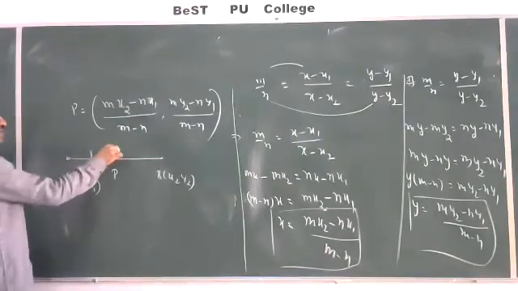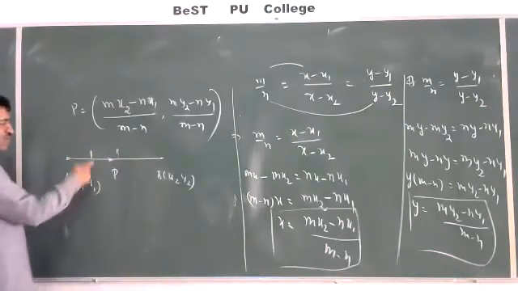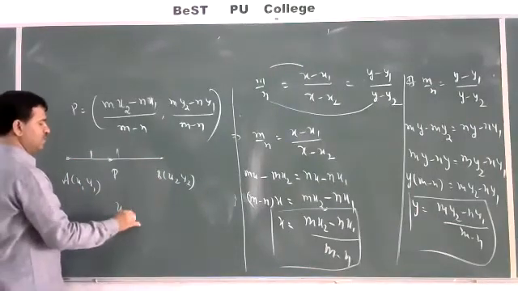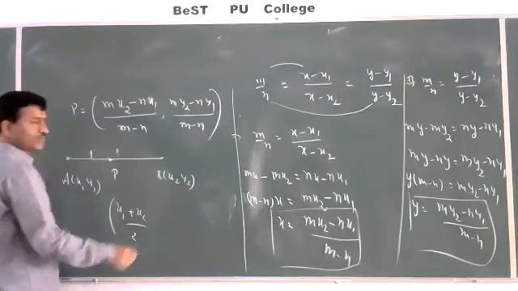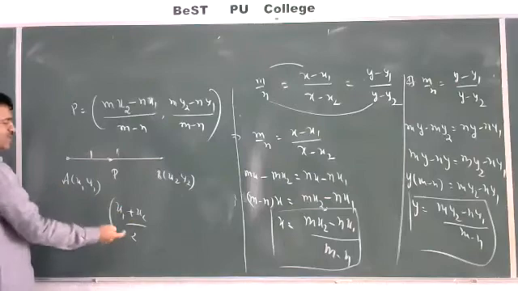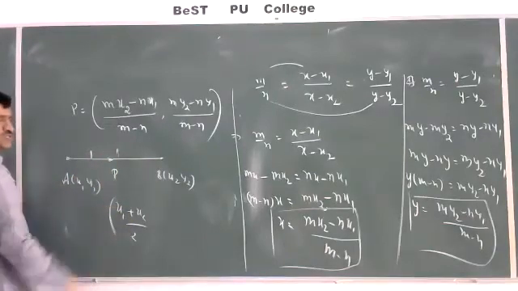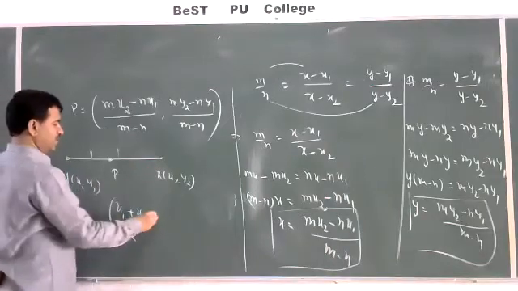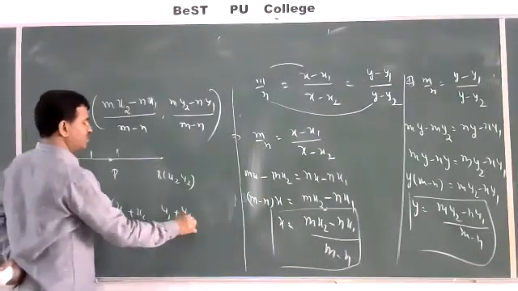Applying the internal division formula, mx2 plus nx1 means 1 into x2 plus 1 into x1, x1 plus x2 by 1 plus 1, that is 2, midpoint. Next, what is the y coordinate? y1 plus y2 by 2.